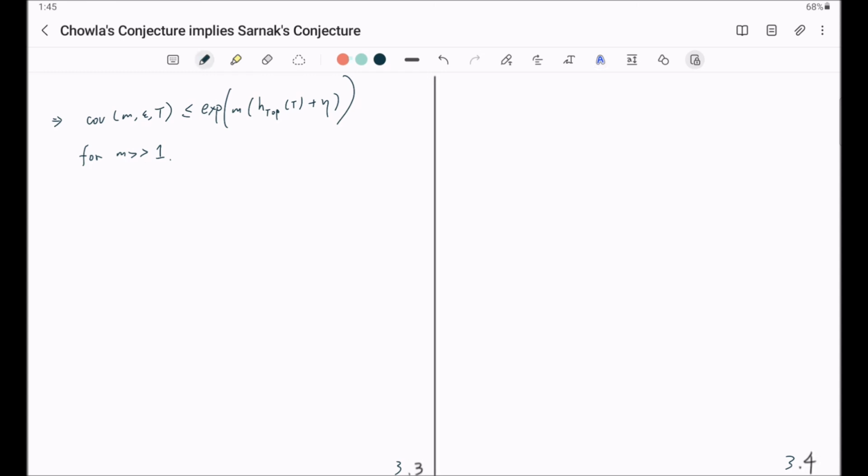So here is the elementary geometry. If you have any set, any shape of diameter less than epsilon, then this can actually be contained in a ball of diameter 2 epsilon, or a ball of radius epsilon.